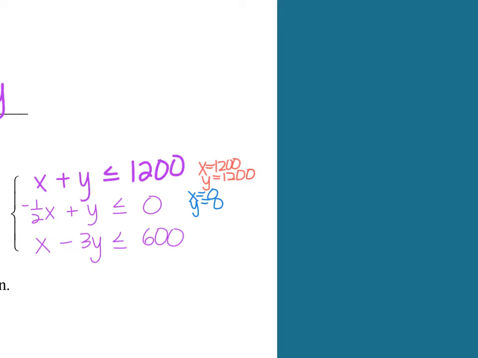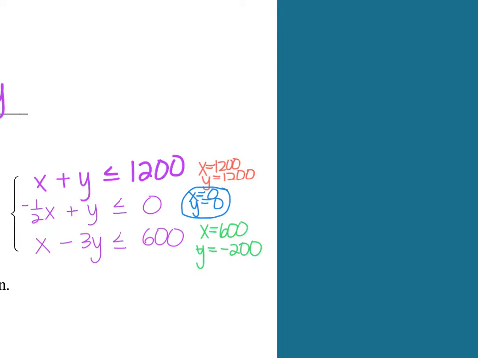I'll do that in green. So x would be an intercept of 600, and y would be an intercept of negative y equals negative 200. All right, and then we are ready to graph. We are going to have to come back to this one here because that gives me 0, 0, and we'll talk about what to deal with that in a minute.